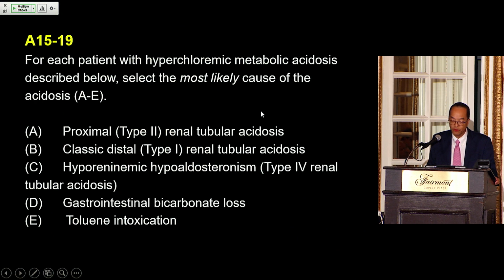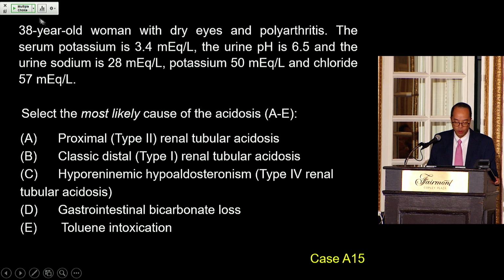All right, so very briefly, in the last minute, we go through a few scenarios of hyperchloremic metabolic acidosis, and you can select the most likely ones. A 38-year-old woman with dry eyes and polyarthritis, serum K is 3.4, urine pH is 6.5, urine sodium 28, potassium 50, chloride 57.